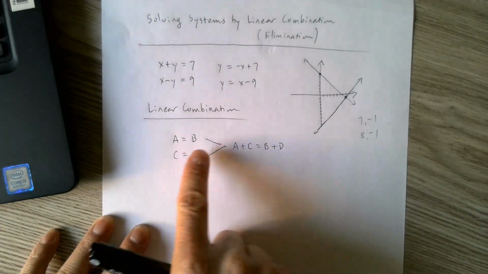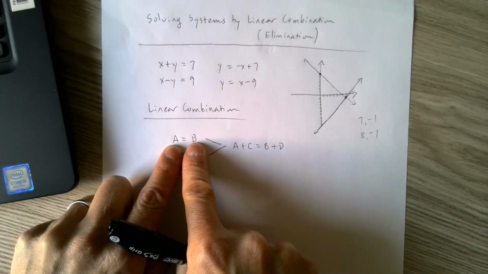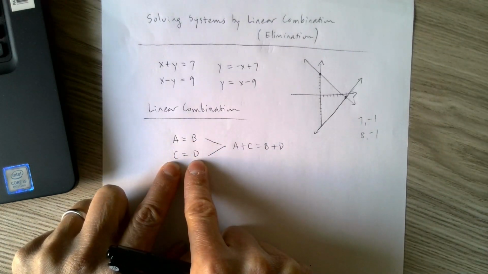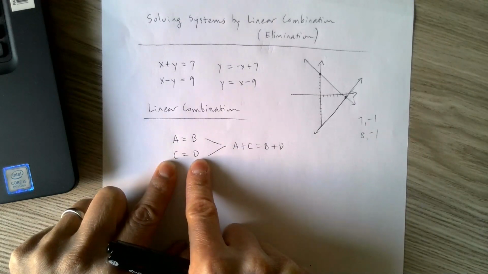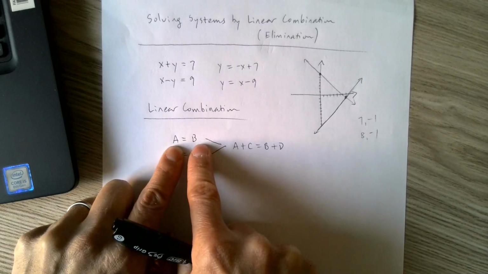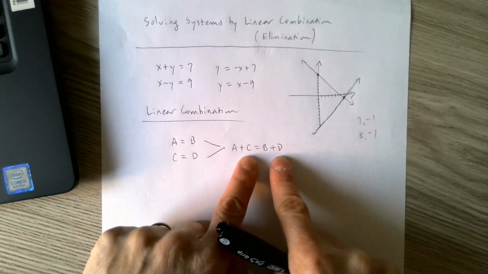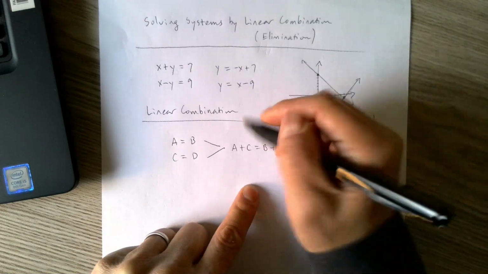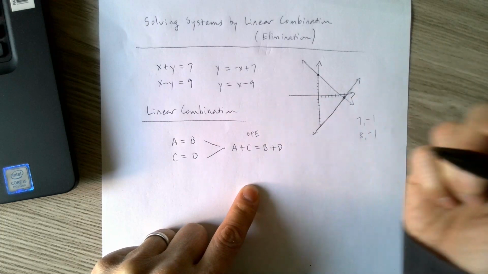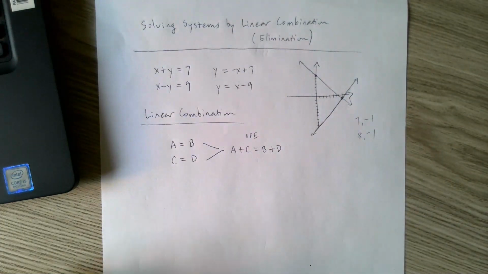Because all I've done is taken the first equation and added the same thing to both sides of it. Since c and d are equal, that's how I can say that I'm adding the same thing to both sides of the equation a equals b. So it's basically OPE here, because I'm adding the same thing to both sides.